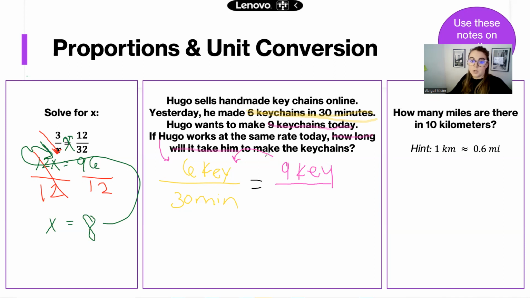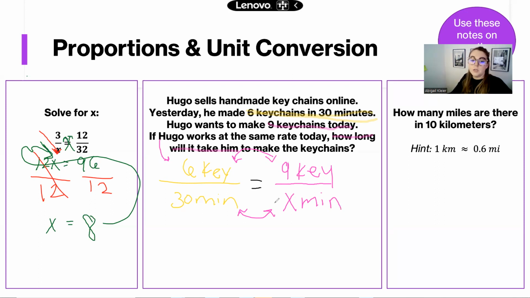You see how our numerators are comparing the same item, keychain, keychain. In my denominator, I'm solving for how long it will take him. We don't know the number of minutes, but I'm going to put that in the denominator because I am comparing minutes to minutes.